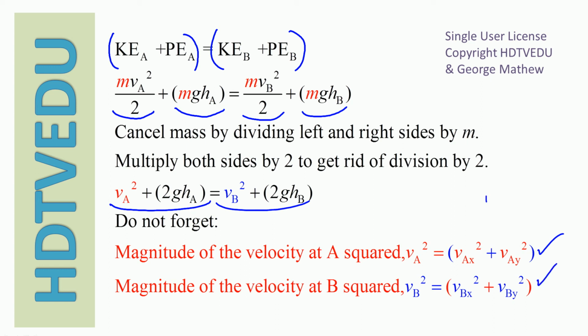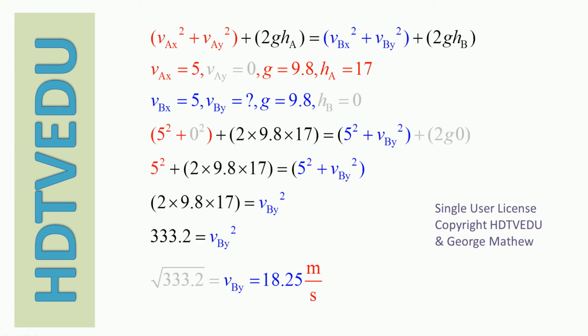We know Vax is 5, and that is equal to Vbx. We know Vay is 0. So you substitute for everything that we know. We know Vax, we know Vay is 0, we know acceleration due to gravity is 9.8, we know height of point A is 17, we know Vbx is the same as Vax, and that is the same as 5.